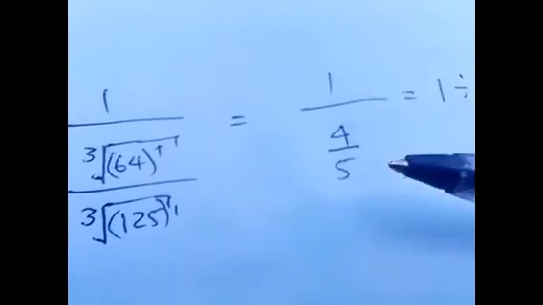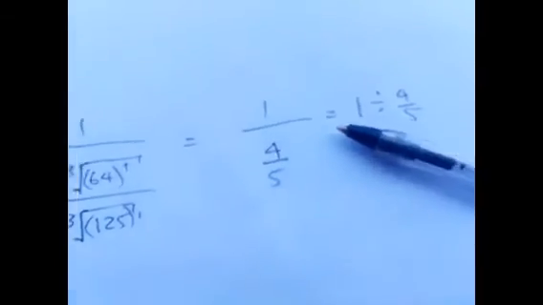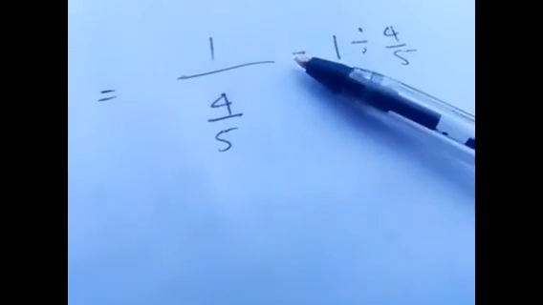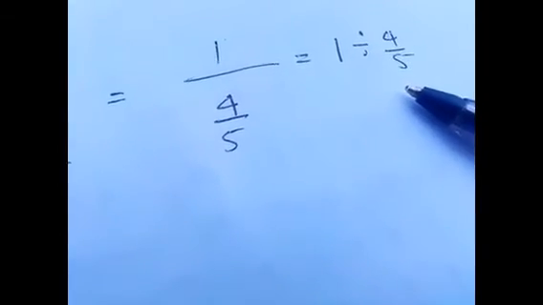Yeah, so you have 1 divided by this fraction. So I was trying to give you a clear picture here that you have 1 divided by 4 over 5. Yeah, so this is a simple division problem. So division rules: you introduce a multiplication here, and if you introduce a multiplication there, the function to your left alternates.